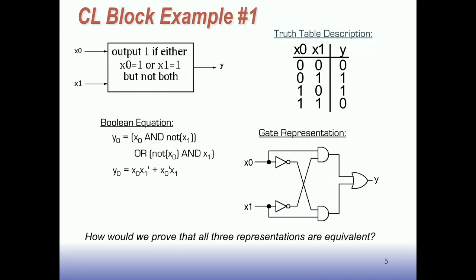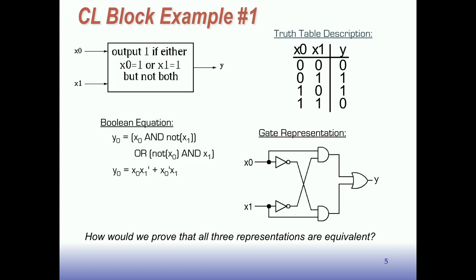We could represent it as a truth table, where we enumerate the output for every input combination. We look at all possibilities of input combinations and define what the output should be. And this, you should see, matches this. There's a 1 here and here, but a 0 in the other places.